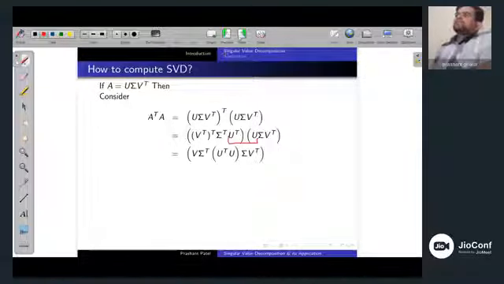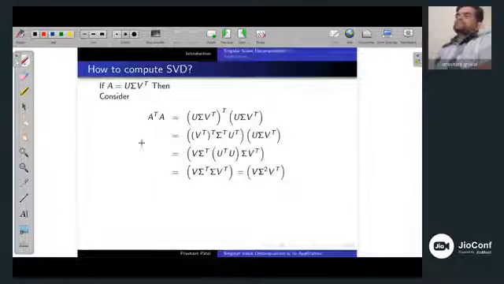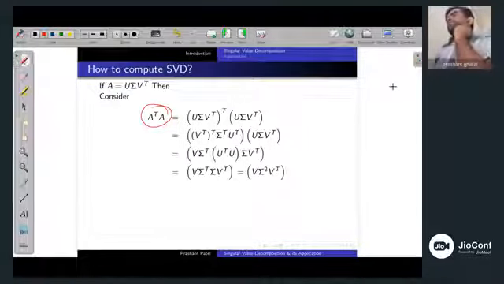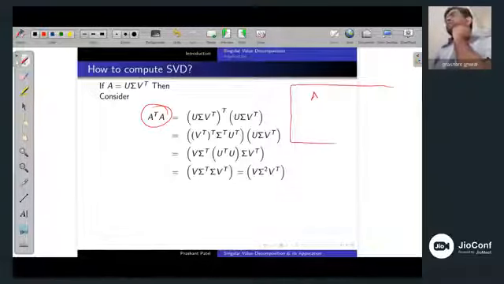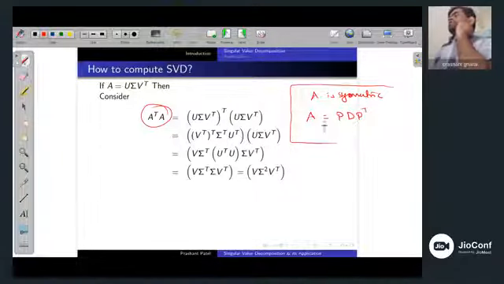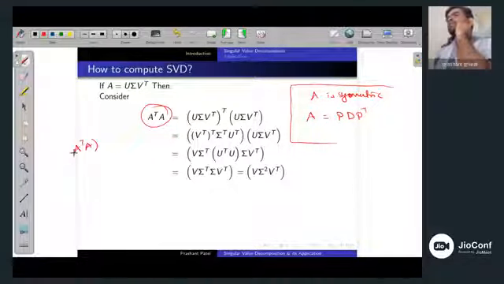So this matrix is equal to V sigma square V transpose, and remember the thing which I have told you, that if A is symmetric, then A can be represented as P D P inverse or P D P transpose, where P is an orthogonal matrix. Here we have the same situation. This is A transpose A, which is a symmetric matrix.